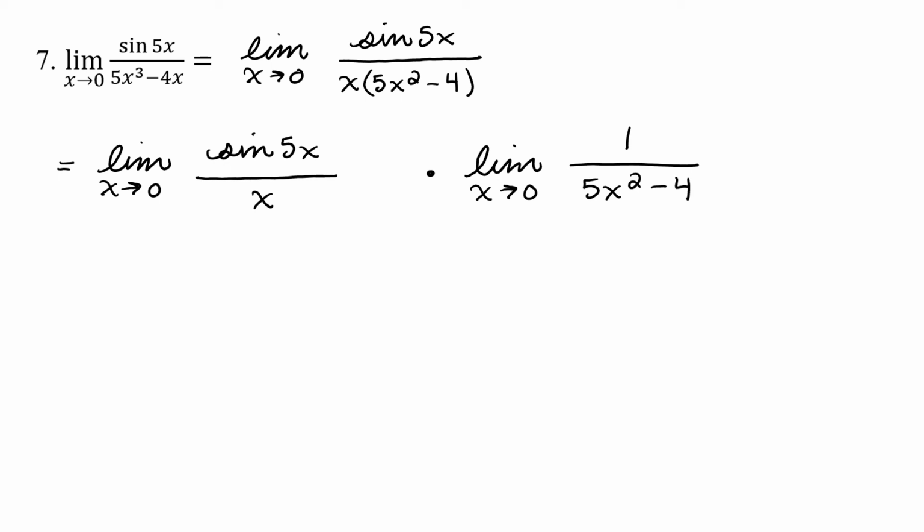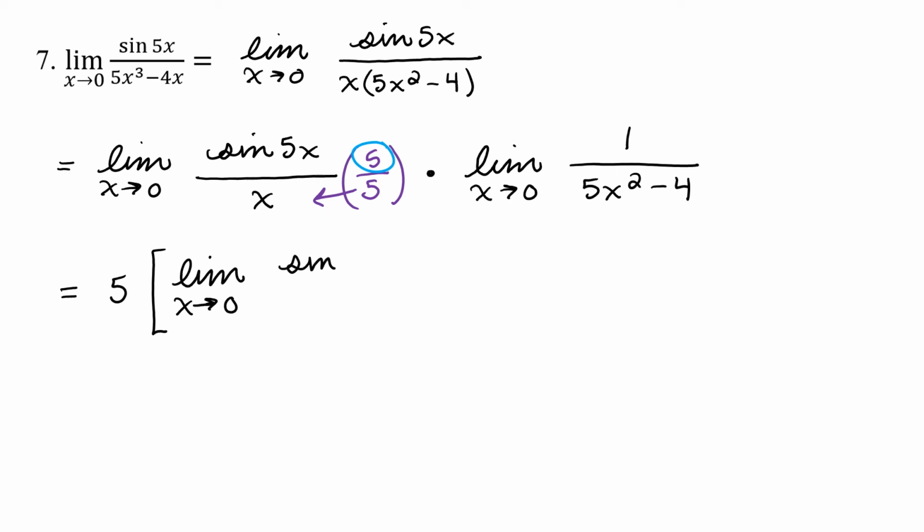To evaluate the limit as x approaches 0 of sine of 5x over x, we'll need these to match. So the x in the denominator is missing our 5, and we'll multiply by 5 over 5 to fix that issue. This 5 will help us evaluate our limit. This 5 is left over. So this will be equal to 5 times the limit as x approaches 0 of sine of 5x over 5x times, well, let's try out direct substitution for this next piece.